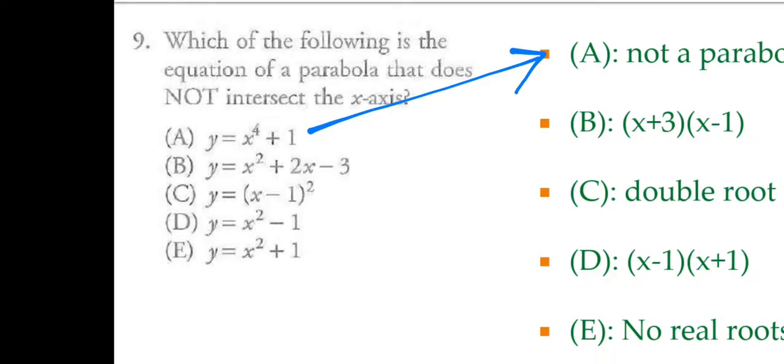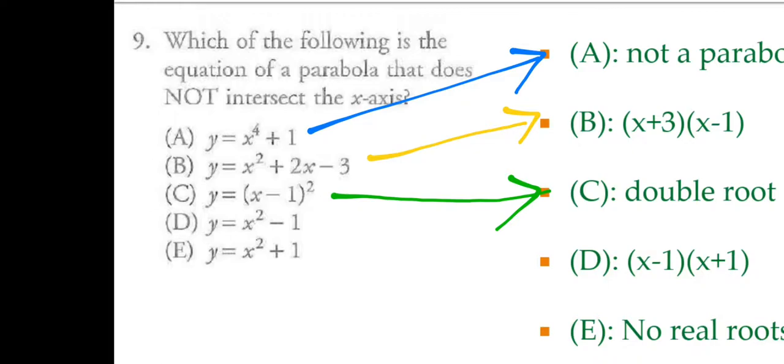Now, option B, if you factor it, you will see that it factors into (x + 3)(x - 1), which means it has 2 distinct roots, -3 and +1. So this has 2 roots. If you go with option C, this is a double root of 1.